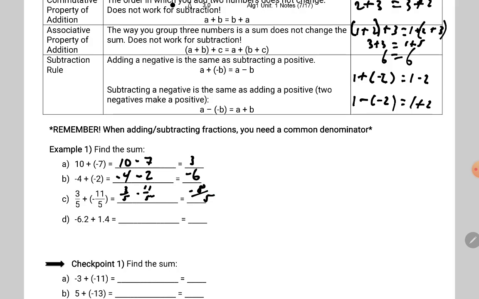Negative 6.2 plus 1.4 is the same thing as negative 6.2 plus 1.4, which is negative 4.8.